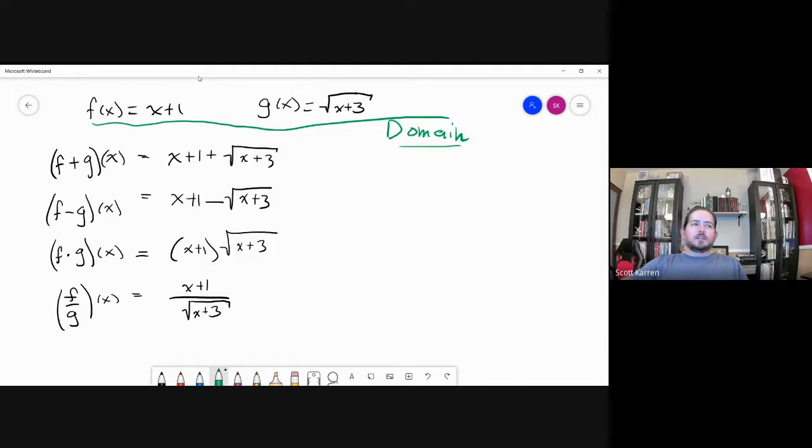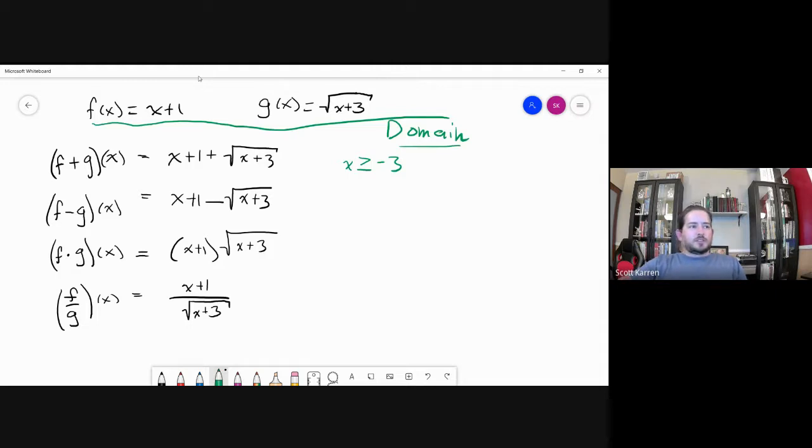So the domain is limited by the square root mostly, right? The square root x plus 3, x has to be greater than or equal to negative 3. Otherwise, you get a negative under the square root, right? So you should be able to convince yourself that that's true. If not, we've done domains of square roots before, set the inequality and solve it.